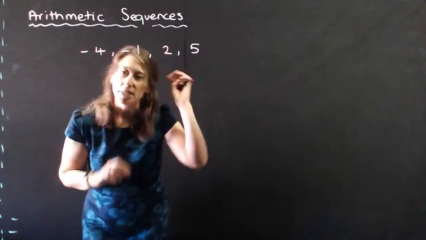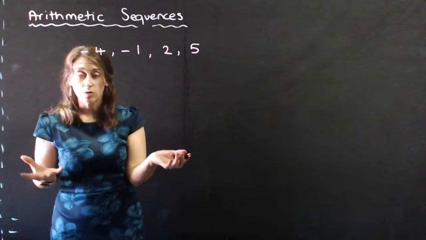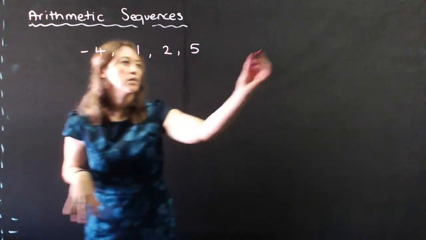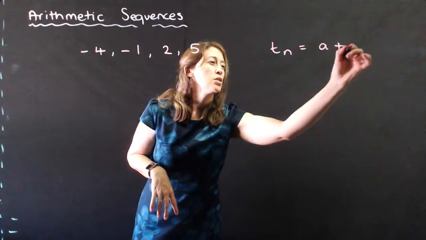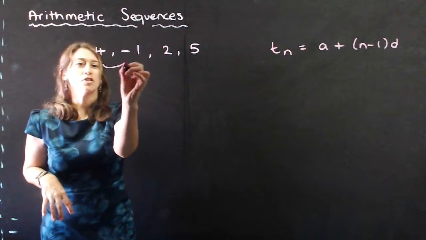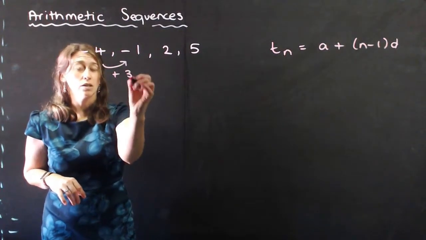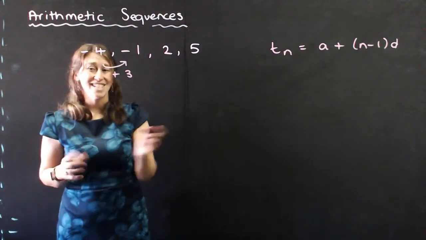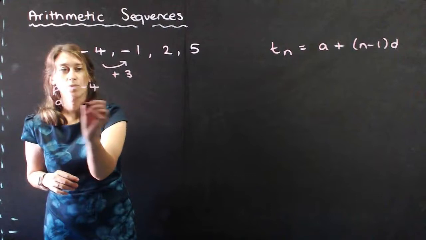So I've got a sequence here that I looked up in the last video where we were looking for the general rule. I'm just going to show you that we can apply this rule to finding the nth term as well. So I'll just write the rule up here. In this case, the common difference between each of our terms in the sequence is 3, so plus 3 each time. So A is negative 4 and D is 3.